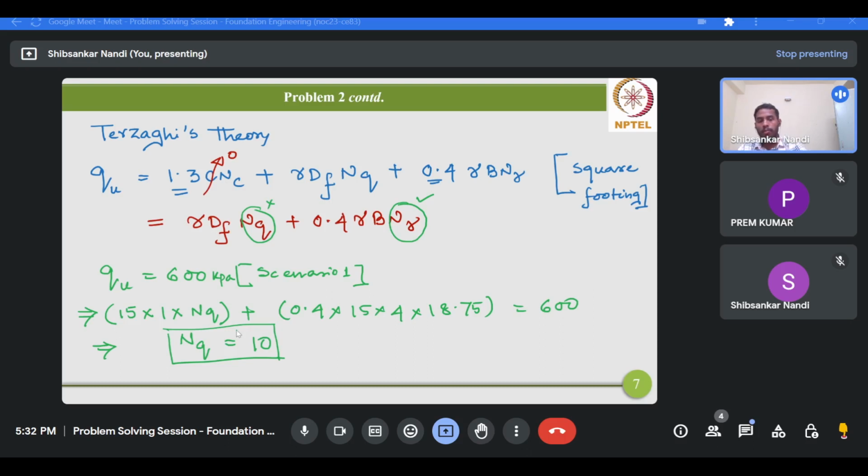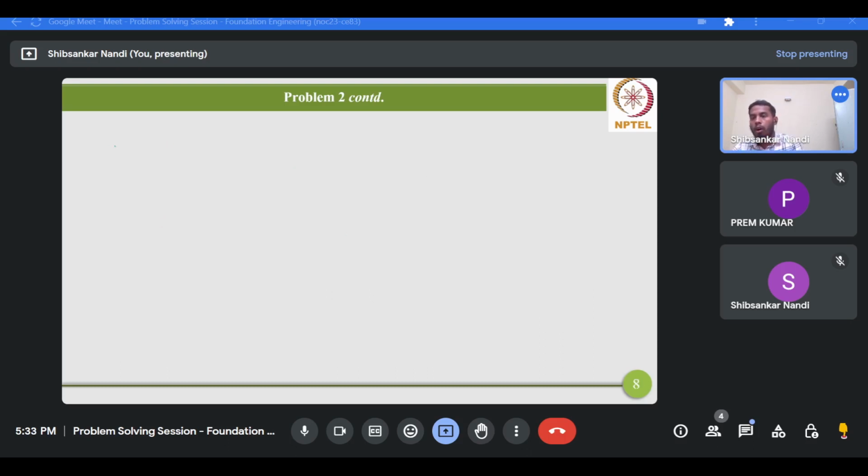Now if you know Nq and N gamma both, and the soil mass is not changing, you are dealing with the same sand deposit, so you can calculate the ultimate bearing capacity for scenario 2, the same footing but with a depth of foundation of 2 meter.